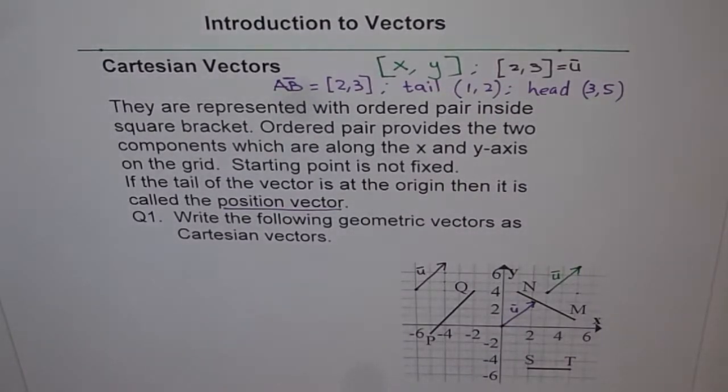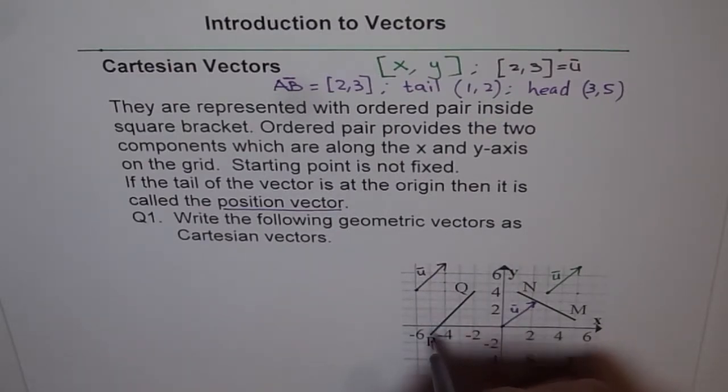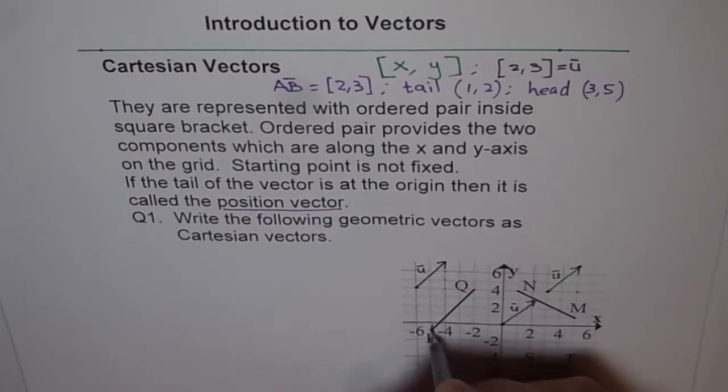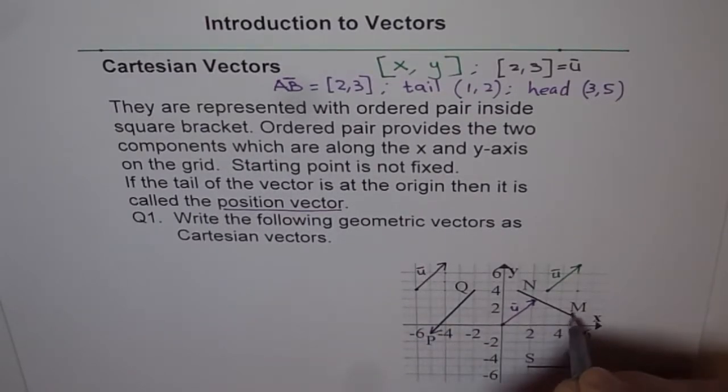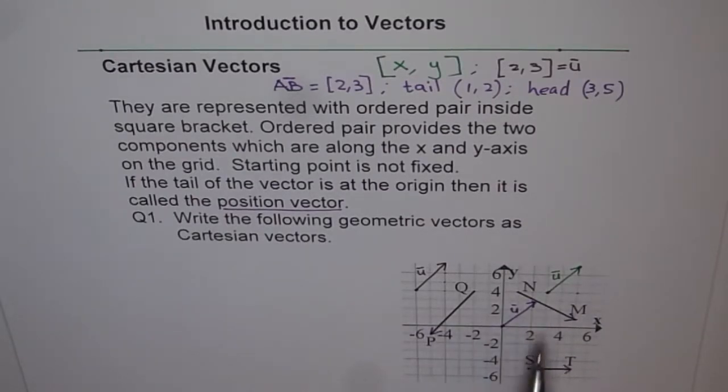Now the question for you here is: write the following geometric vectors as Cartesian vectors. I have some vectors here without arrows. Now I'm putting some arrows here. So this is the first one, this is the next one, and this is the third one. I'd appreciate it if you could write Cartesian vectors for all of them. Let me label them.